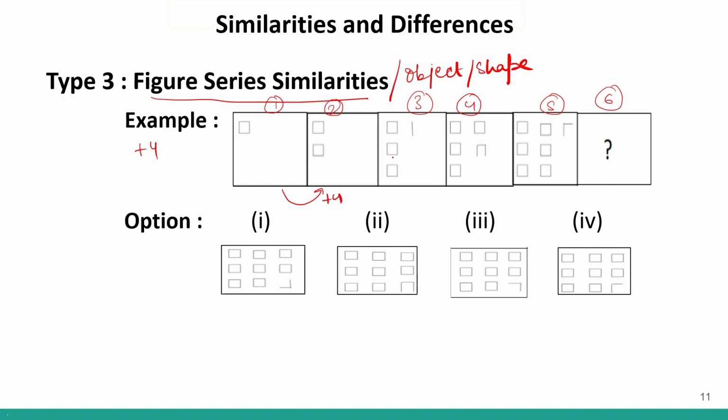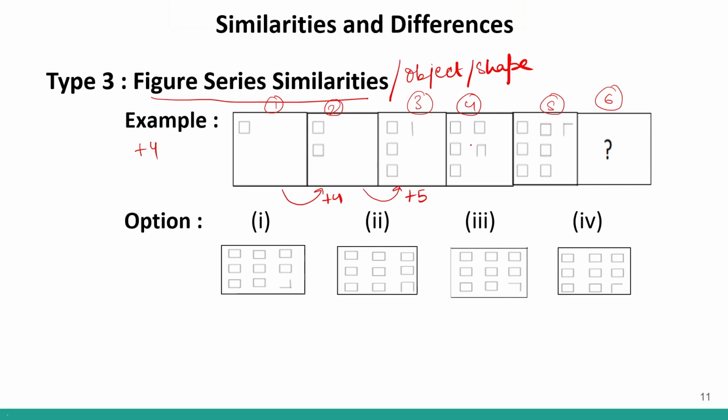Now, this and this was already in the previous element, right? Now here I can see 1, 2, 3, 4, and 5. So 5 sides have been added in this. Right? If we move from this element to this element, 5 sides have been added. How? 1 side, 2 side, 3 side, 4 side, and 5 side.